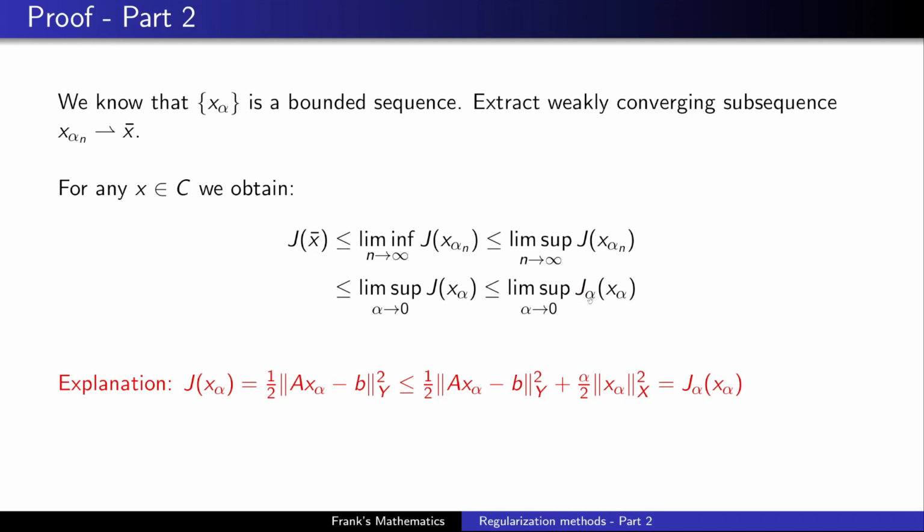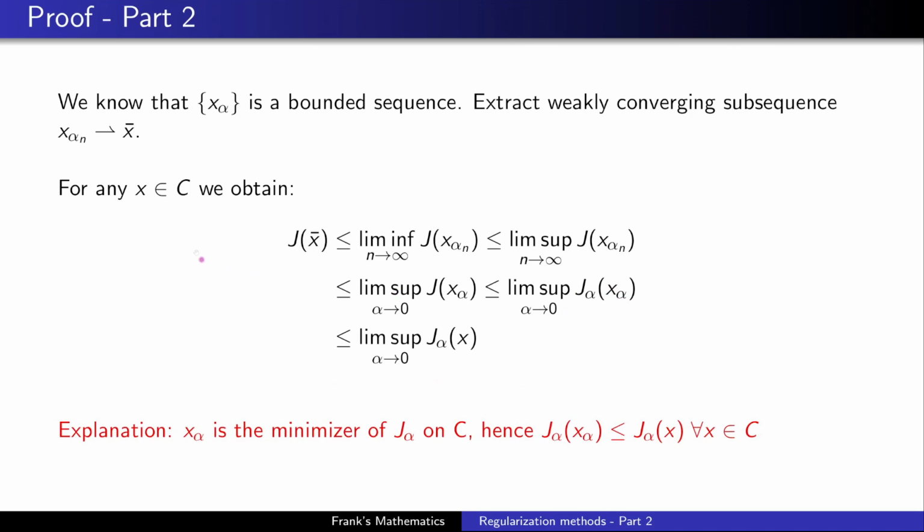Now we have j alpha of x alpha, and we know that x alpha is a minimizer of j alpha. So we know the next step is that for any point x in C, j alpha of x is bigger than or equal to j alpha of x alpha. It's just the definition or the property that x alpha is a minimizer. So this inequality here is true.